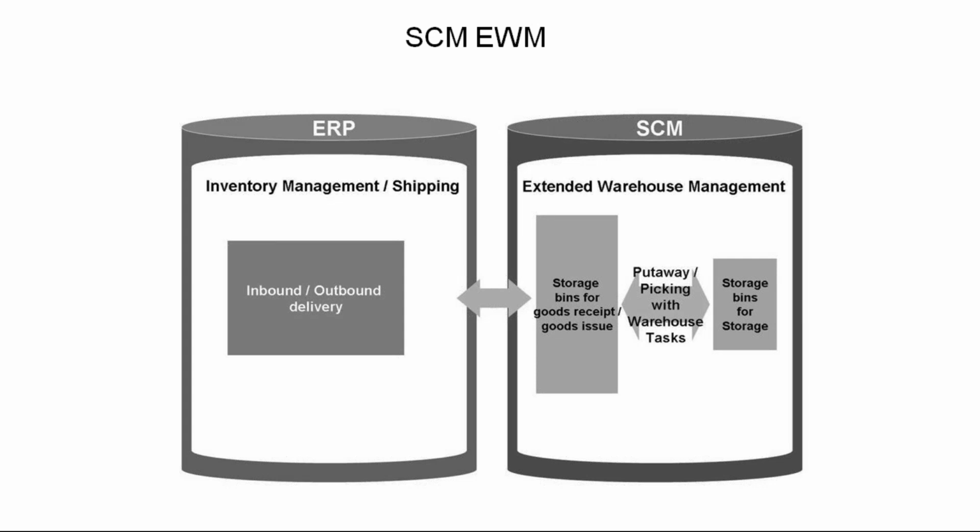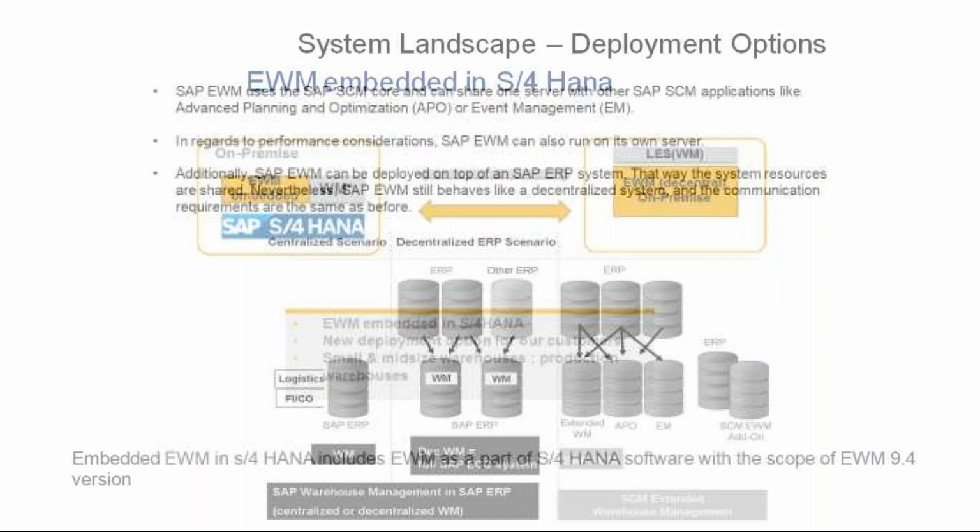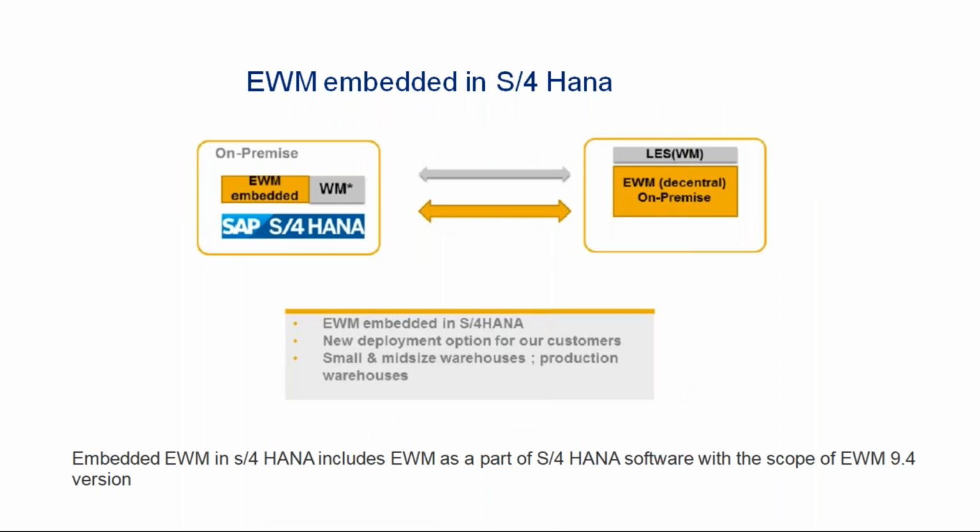This is about SCM EWM. And these are different deployment options we have, so we can understand them later. Now when it comes to embedded EWM, embedded EWM is nothing but within one system. Let's say if I take S4 HANA, the latest version 1909, within S4 HANA you have EWM also available in the same box.